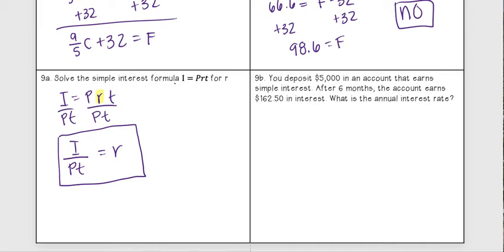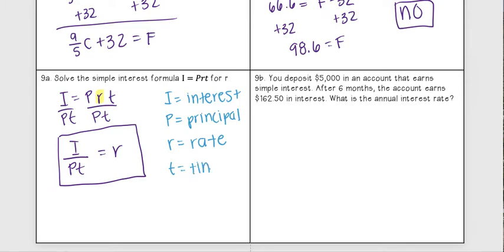So that I stands for interest. P stands for principal. R is the rate. And then T is equal to time.